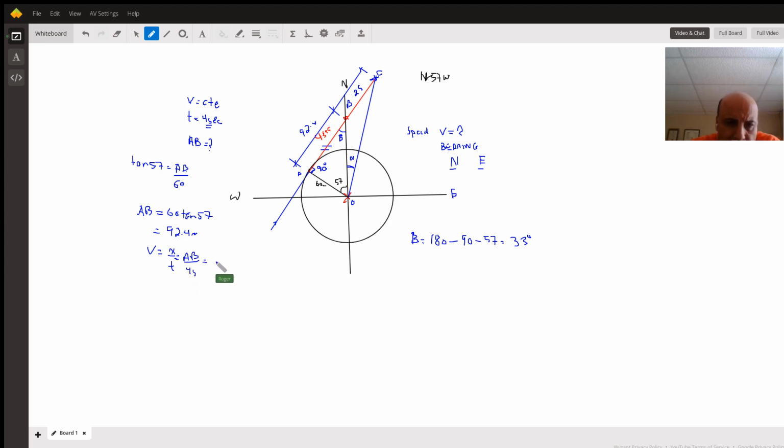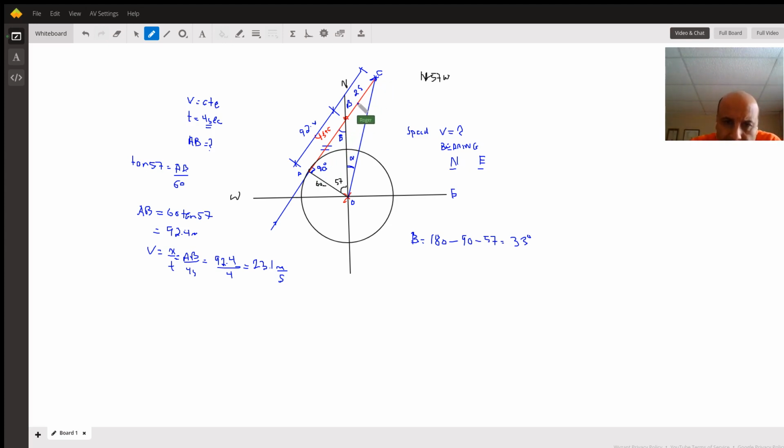The time is given to you in the problem. So 92.4 over 4 gives you 23.1 meters per second. That is the constant or uniform speed of B, and it's just going to continue with that speed for segment BC.